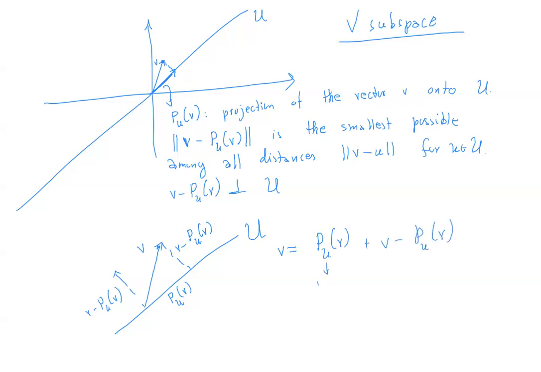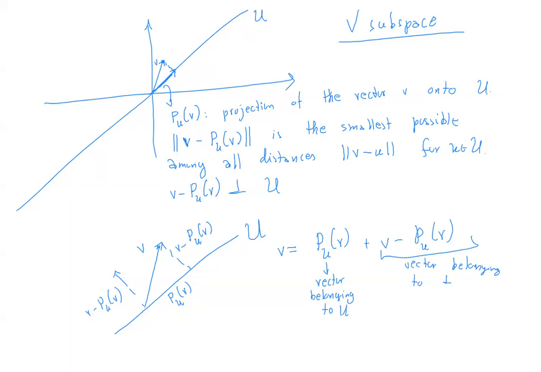And this is a vector that belongs to U. And this is orthogonal to U. So this is a vector belonging to the orthogonal complement of U. I'm sorry, I was saying V and I mean the subspace U, sorry about this.